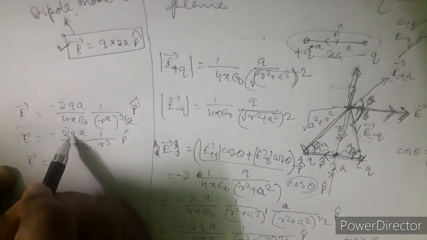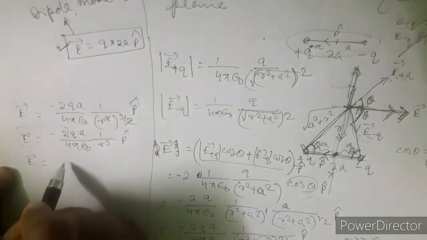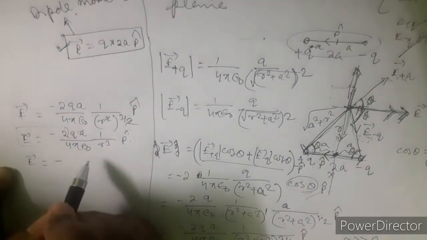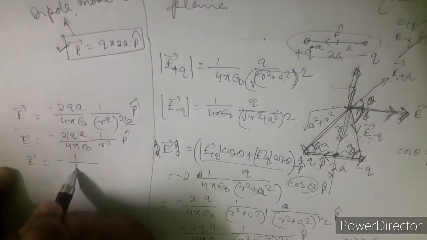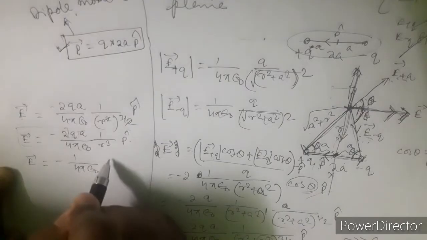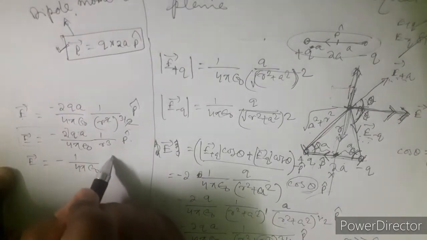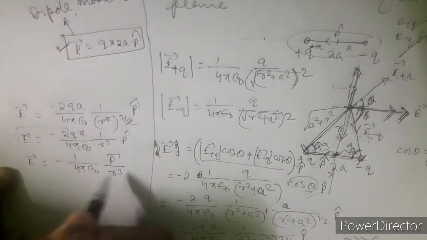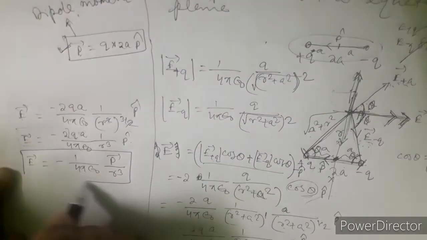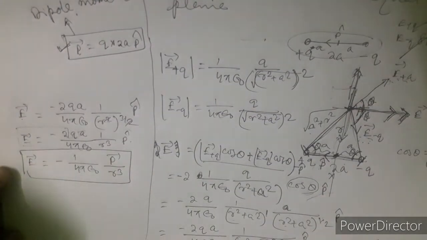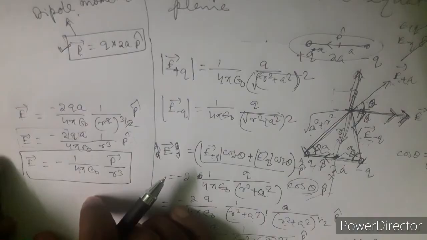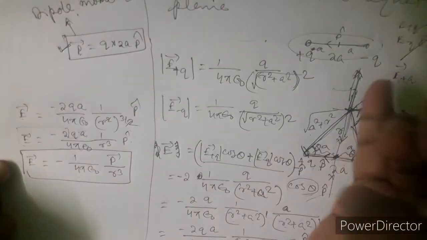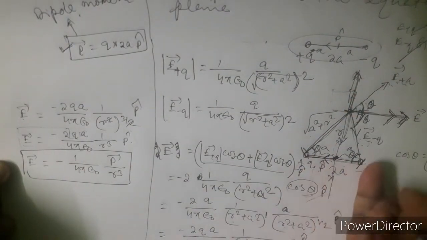So q into 2a p cap will be the dipole moment vector p, so it will be minus 1 by 4 pi epsilon naught, the numerator will become p vector, and the denominator r cube. So this is your electric field on a point on the equatorial plane of a dipole.